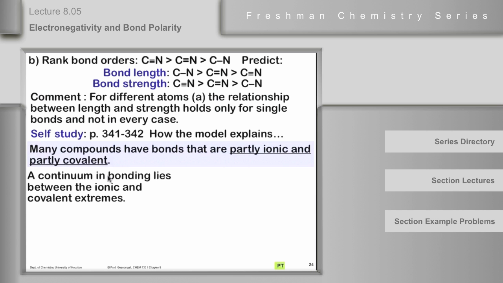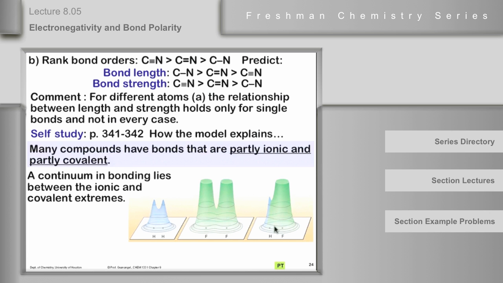So what I would like to point out to you is there is what amounts to a continuum in bonding, from purely covalent to purely ionic and a whole bunch of stuff in the middle. Okay? And the extremes are pretty easy to understand based on what we've said so far.